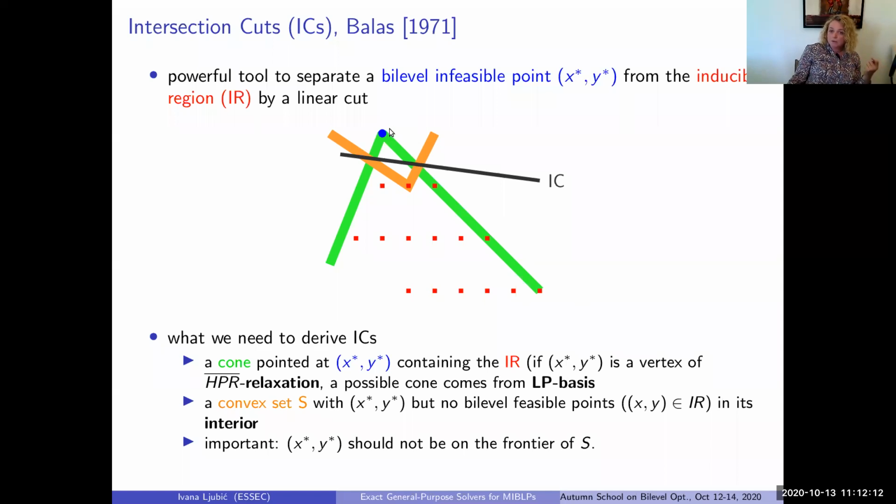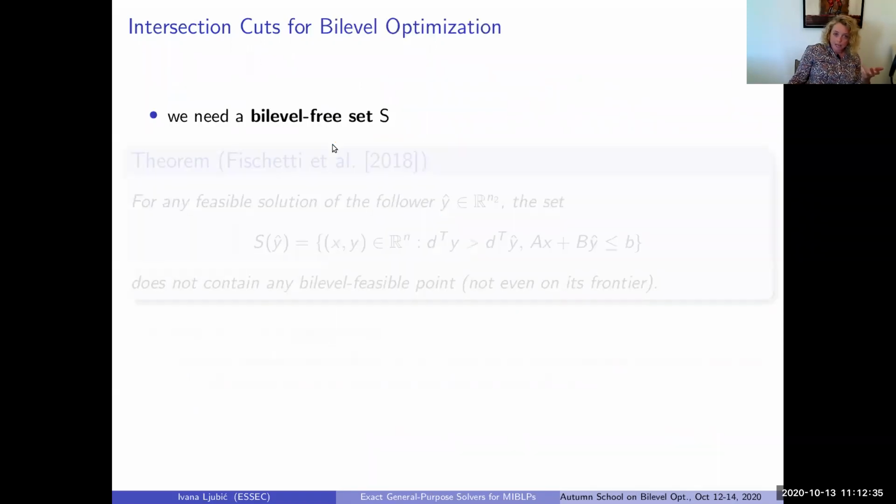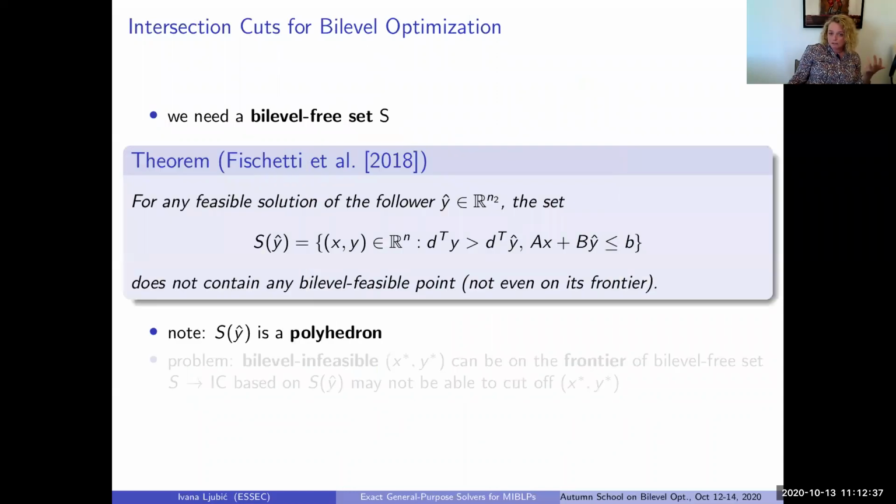More difficult question would be now how to determine the convex set S which does not contain bilevel feasible points. Okay? And one rather intuitive way to think of this convex set is by looking into the follower subproblem. And here is this intuitive result.